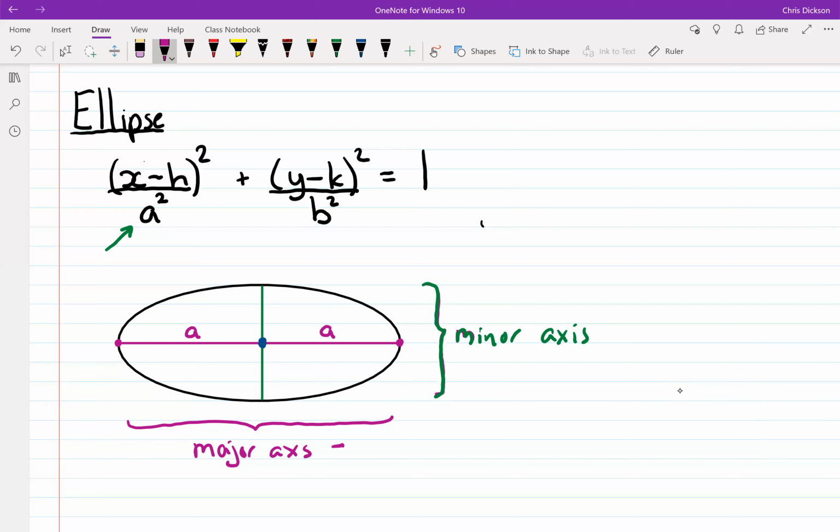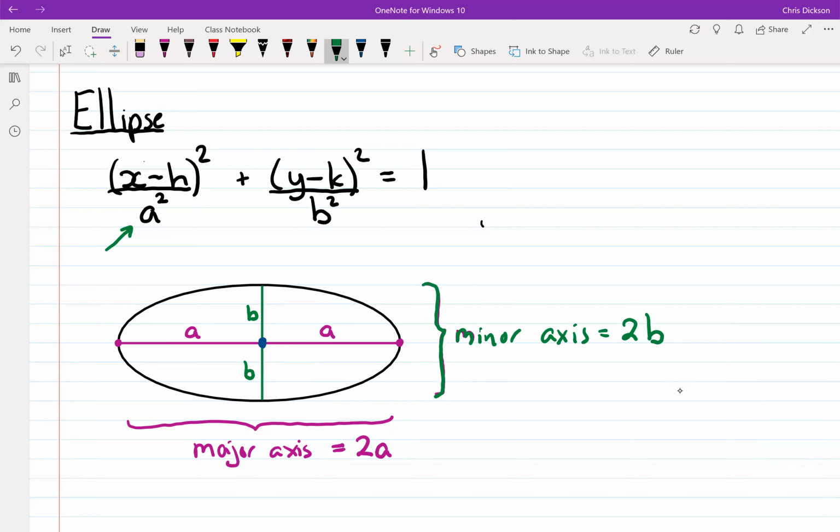So the major axis always equals 2a. And for the minor axis, this distance is b, and this distance is b. So the minor axis is always equal to 2b.